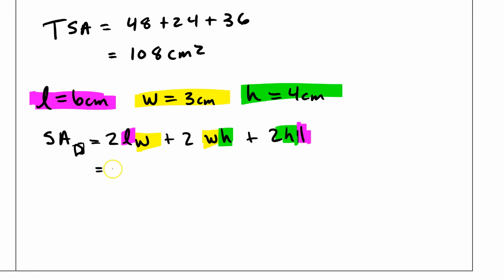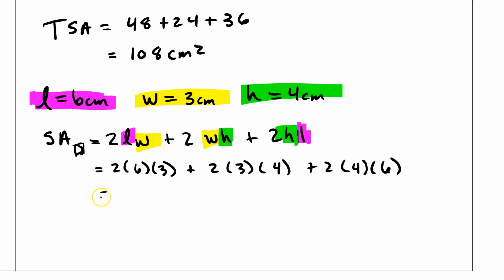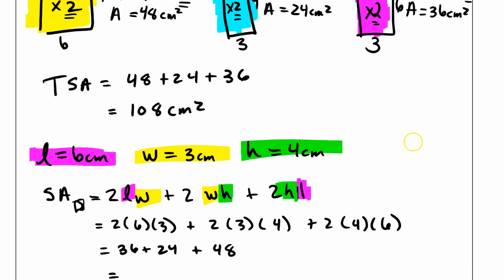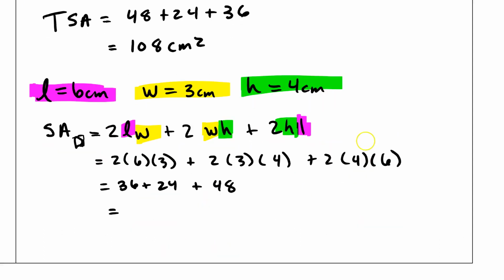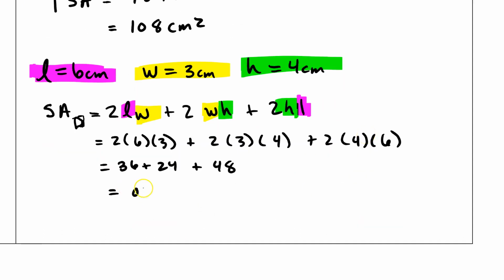So I'm going to say 2 times 6 times 3 plus 2 times 3 times 4 plus 2 times 4 times 6. And I get 36 plus 24 plus 48. Which, interestingly enough, look, 48, 48, 24, 24, 36, 36. So that's going to be 108 centimeters squared, just like we did when we used the other method.